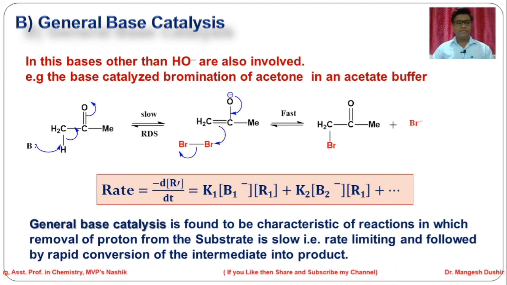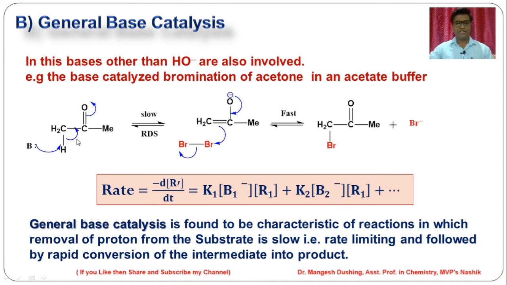So general base catalysis is found to be characteristic of reactions in which removal of the proton from the substrate is very slow. So removal of this proton is very slow, that is rate limiting. So this is the rate determining step, followed by rapid conversion of the intermediate into the product. Whatever carbanion is formed is quickly converted to the product, that is alpha bromo ketone.